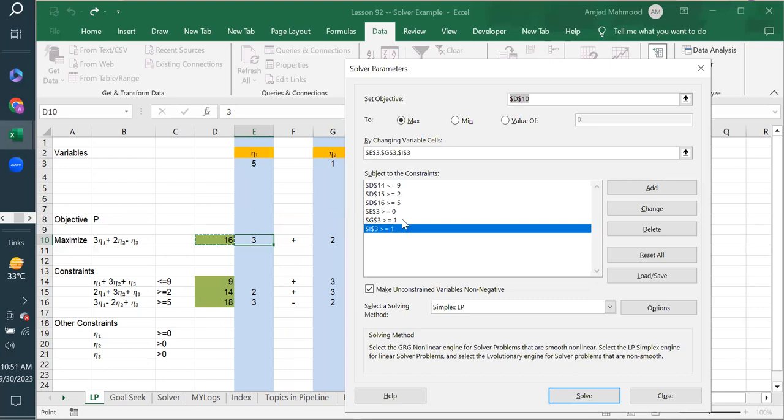Okay, that's right. So your purpose is to solve. The next thing you do, you make sure that non-negatives are ticked, and we are going to take Simplex LP. We are not going to stick to the other mode of solving, and then we will click OK.